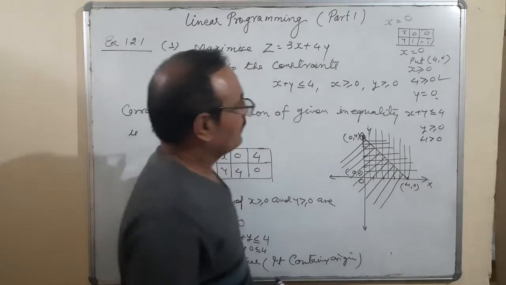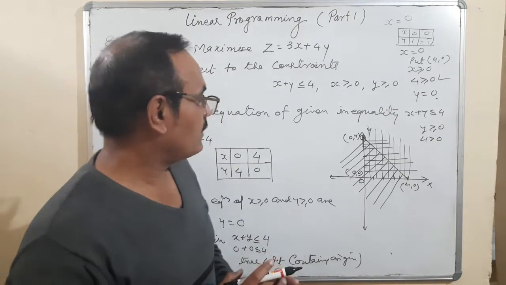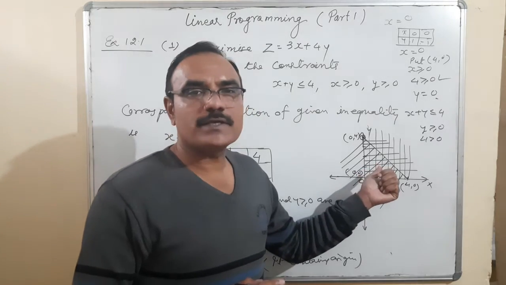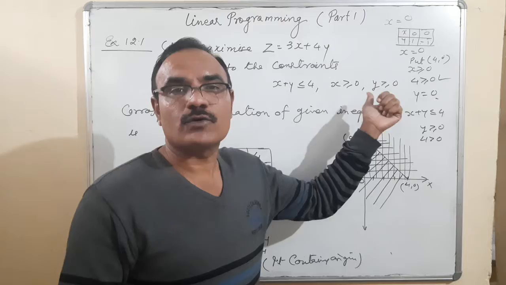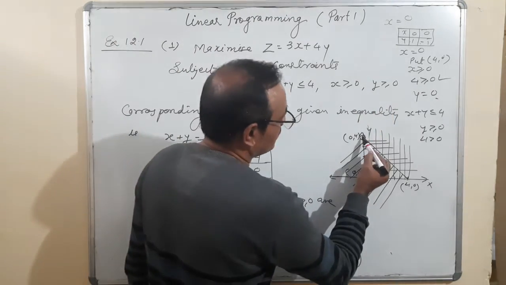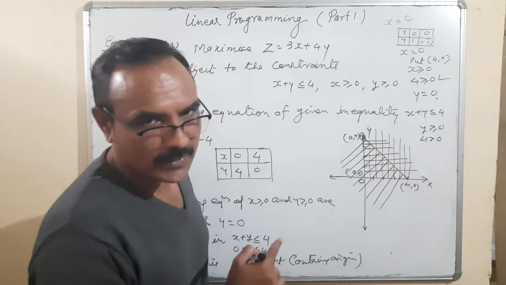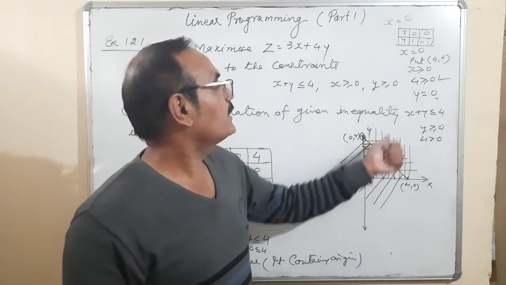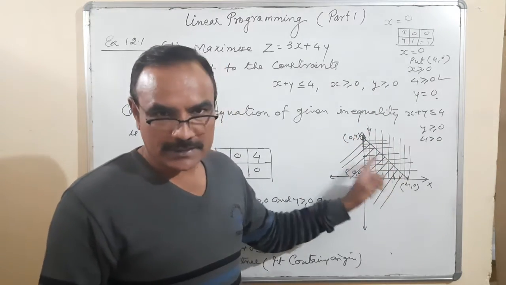So in this region you can see the area where all the points are coming, that means the area which is satisfied by all the constraints. This area is called the feasible region, and this is the region where all three inequalities are satisfying the condition. Okay, so this is the point.